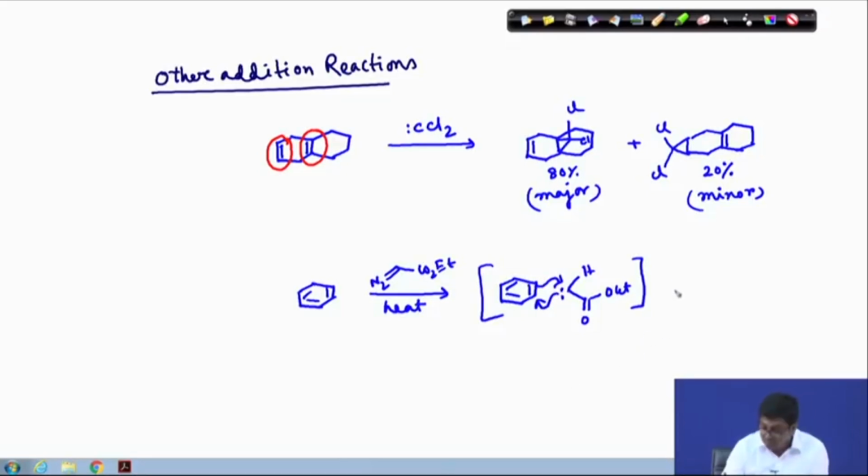Okay. So, this highly electrophilic carbene will generate the cyclopropane ring.